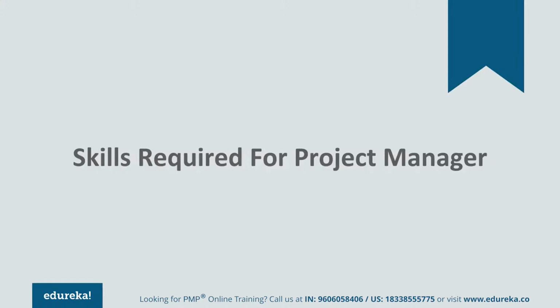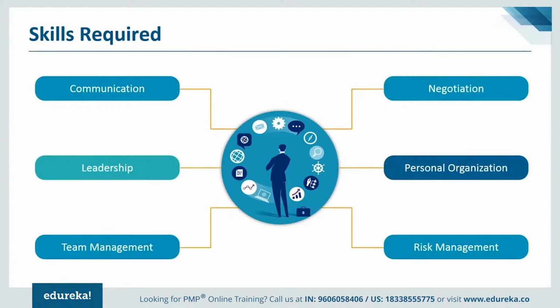So from there, we now move on to the next important part, which is understanding what skills are required for a project manager. If project managers have to effectively implement the project management processes, then what are some of the skills that the project manager should possess? The most important one definitely is communication. Over 90% of the time, you'll find the project manager communicating through some tools.